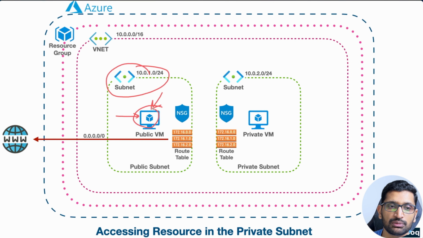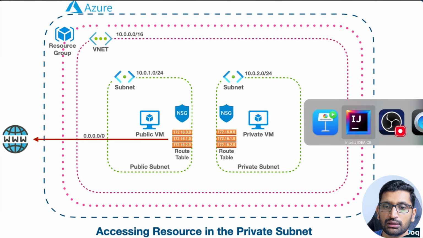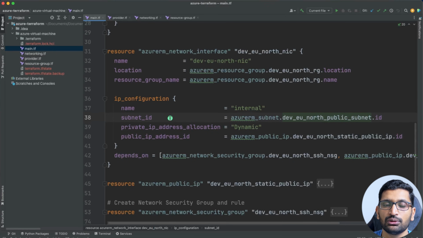When you want to set up this virtual machine, you need to tell the VNet, you also need to tell the resource group, and also you need to tell the, not IP address, but at least these are the things you need to specify for this virtual machine. Okay, let's get back. This is how you are going to associate the subnet ID. Apart from that, the private IP.